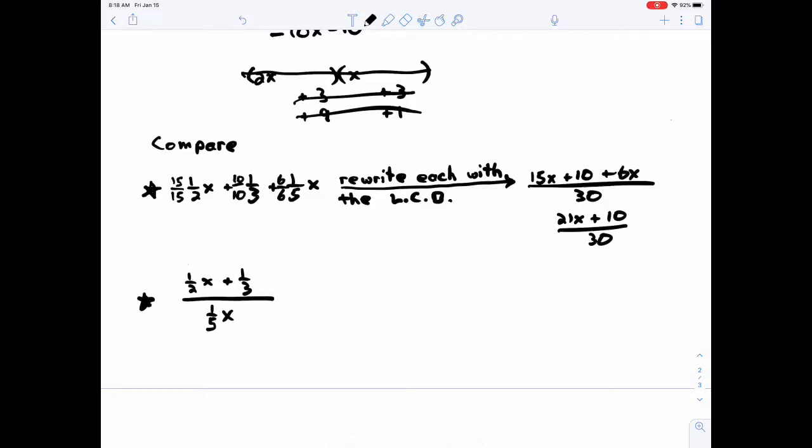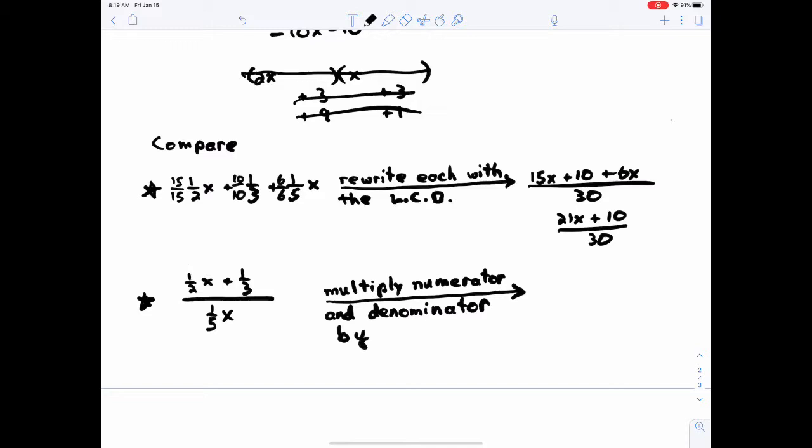Today, what we're doing, though, is we're not getting rid of fractions entirely. We'll still have a fraction when we're done, but we're going to get rid of the fractions within a fraction. The common denominator is still 30. That's not changing. But what you do with it is different. What you do is you multiply numerator and denominator by the lowest common denominator.